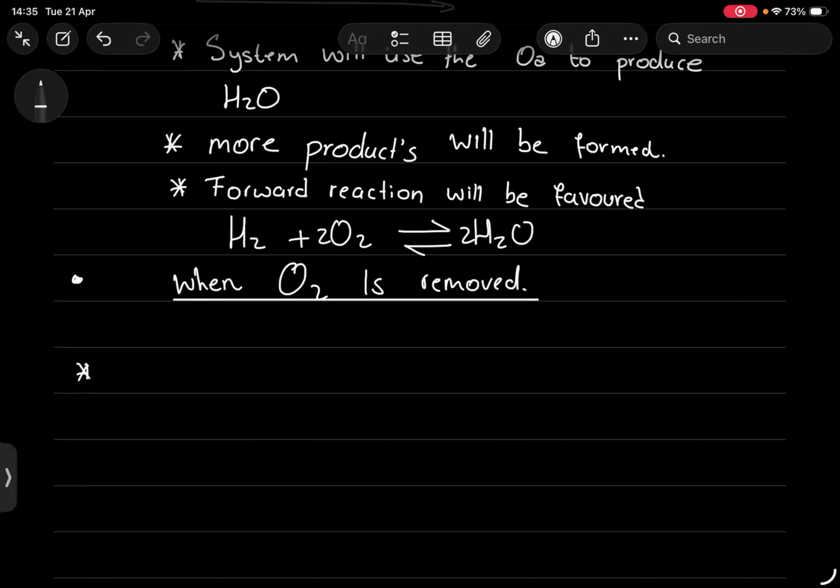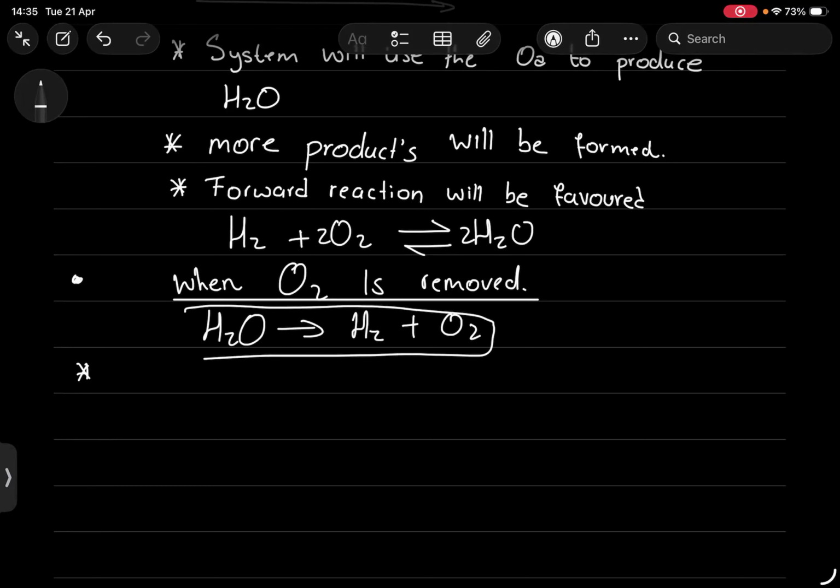Because we also have the reverse reaction, which is H2O equals H2 plus O2. Now this reaction is going to be favored, which is the reversible reaction. Do you guys understand this concept?